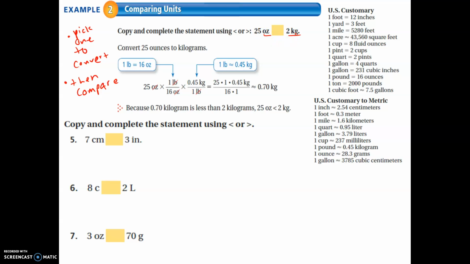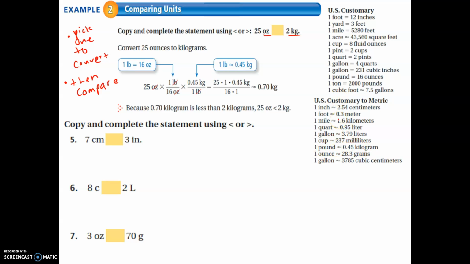Okay. So what we need to do is convert one of these, and that's what this example did. They found that there's a conversion from ounces to pounds. There's not a conversion from ounces to kilograms. If you look here, there's ounces to grams, or you can go pounds to kilograms.